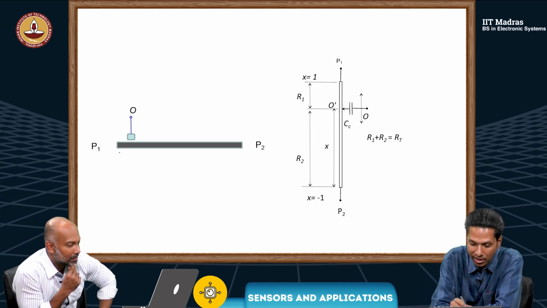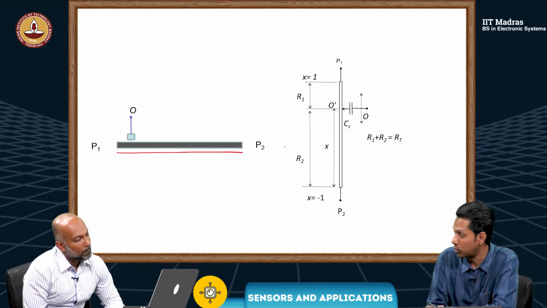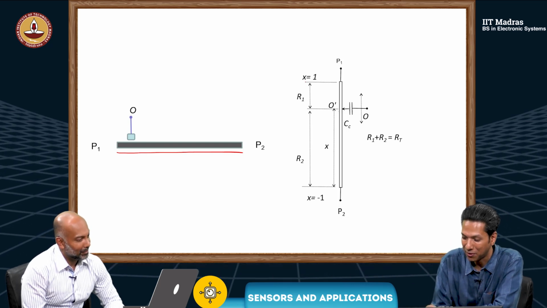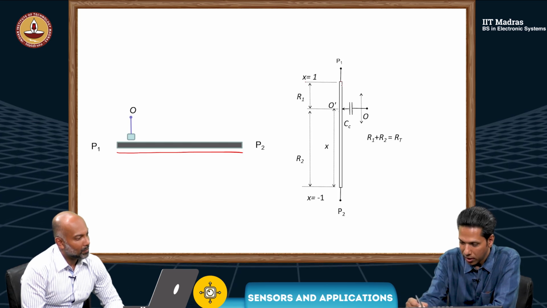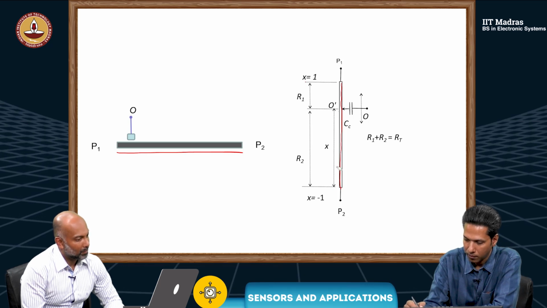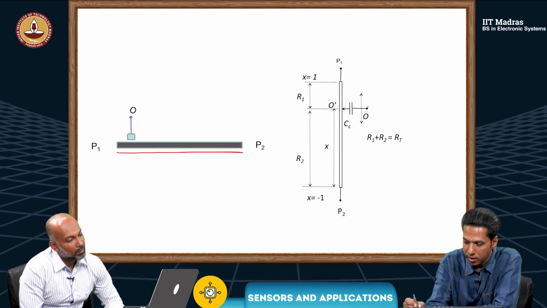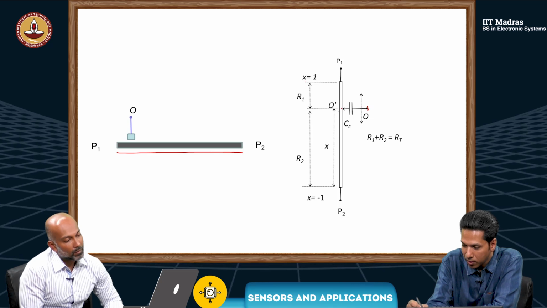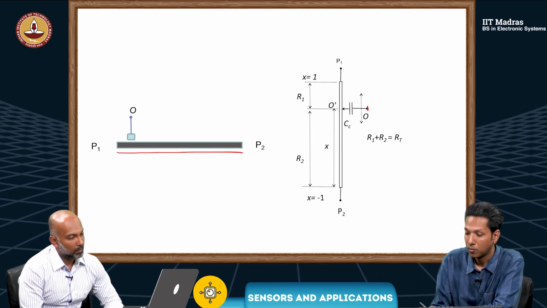So this resistive element, let's say these terminals are P1 and P2. Okay. So far I was using A, B. We now change to P1 and P2 just for convenience. So the same P1 and P2, the resistive element, I have kept here. Now let's say this is the point at which the wiper is present. So between the wiper and the resistive element, there is some capacitance Cc which is formed. Yes.